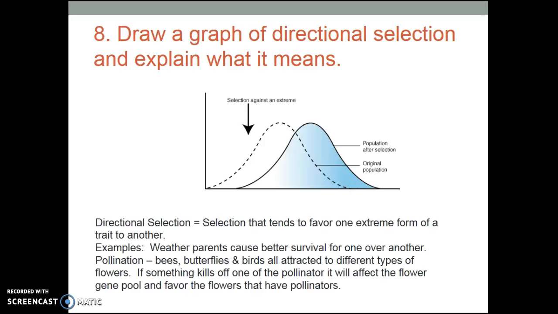So bees, butterflies, birds, if we are eliminating some of those pollinators, what trait is going to be left over in that flower gene pool? Your lab on lizard populations is also an example of directional selection. Natural selection chose the longer leg length on those lizards than the shorter.